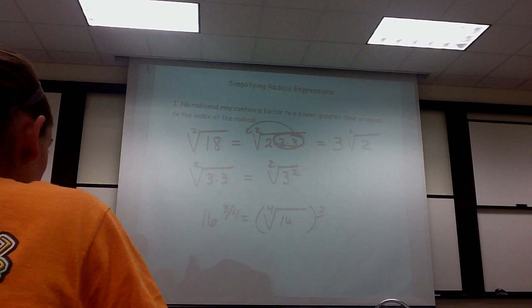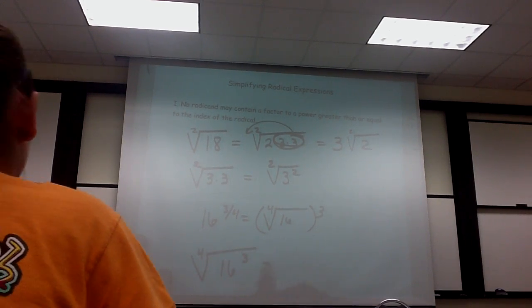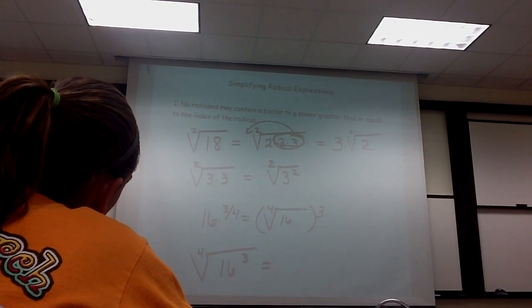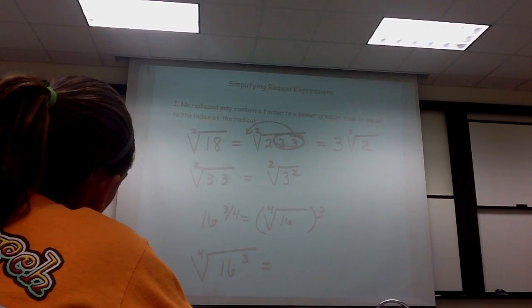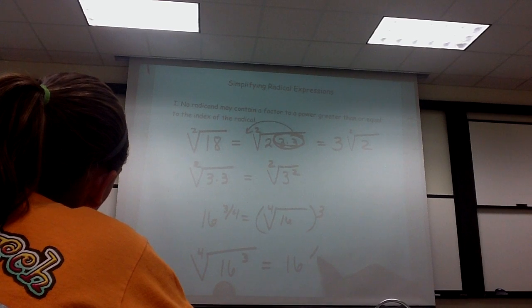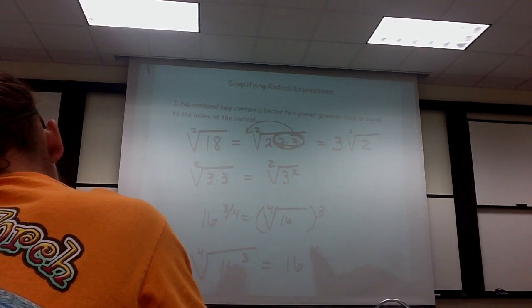Well, can you start off with the 4th root of 16 cubed and re-express that as something to a fractional power? Okay, so there's the base. You got a fraction. Hey, what goes in the bottom part of the fraction? 4. That's right, the index. What goes in the top? 3.